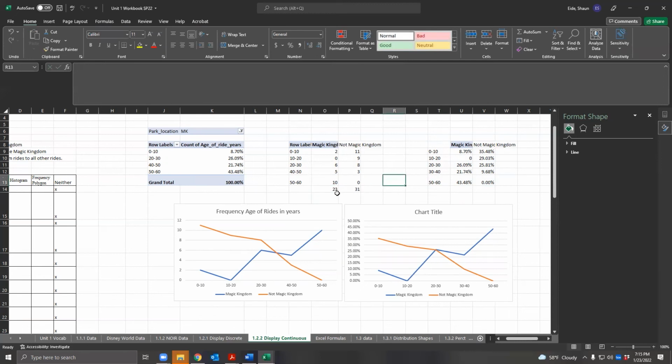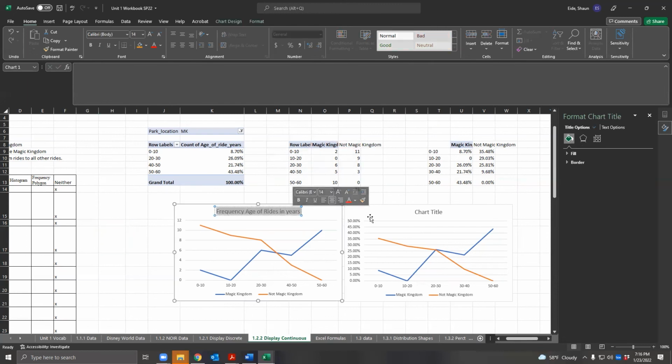If these were drastically different, it would look very different. You notice they still are a little different, but you'll notice that 25% for both of them, 25% of their rides are 20 to 30 years old. And so they give you a slightly different picture of what you have. And so in my opinion, relative frequency polygons are a much better choice more often than frequency polygons.